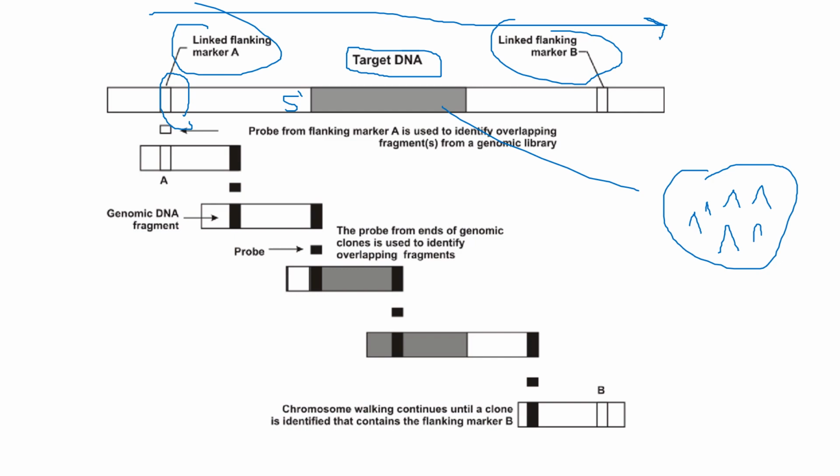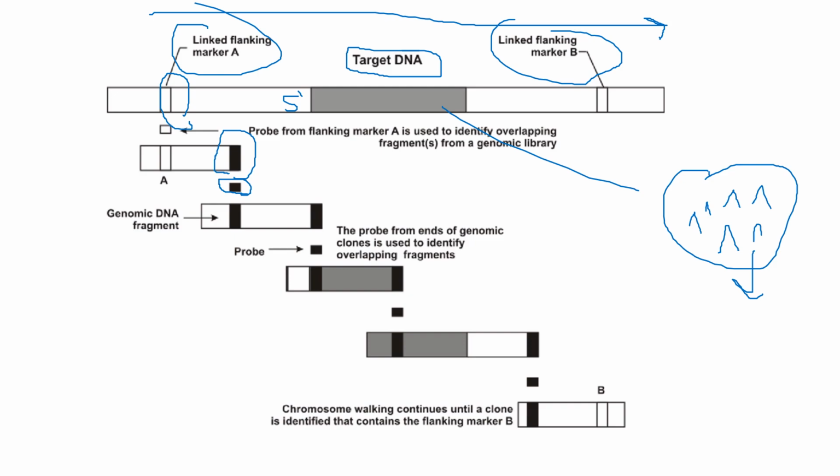So you will probe this library for the presence of different DNA fragments using a specific labeled probe. So the first probe that you will prepare would be the flanking region of the DNA fragment that is known. So now this is the probe, and you will hybridize the gene library.